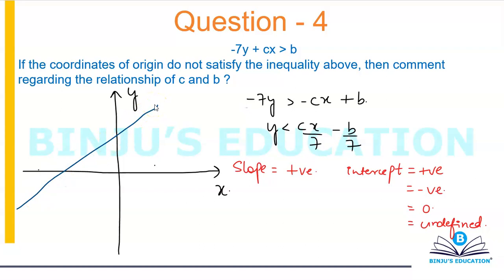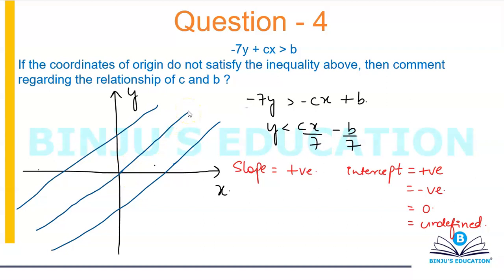When my slope is positive, intercept is negative, then my line would be something like this. When my slope is positive, my intercept is 0, then my line would be something like this. It's going to pass through origin.